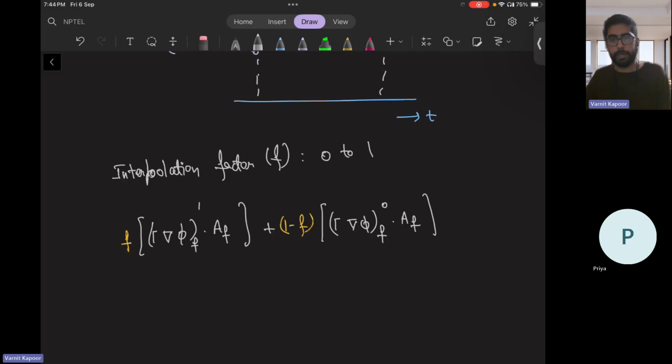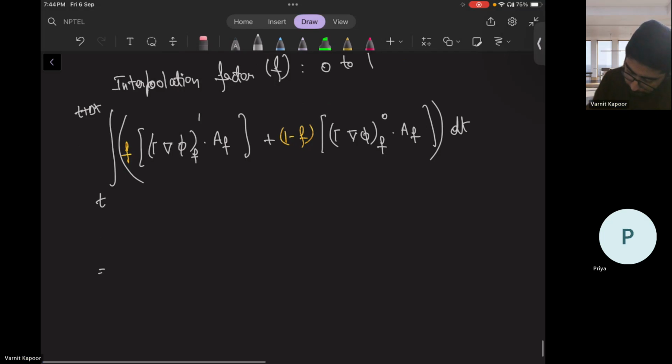This is how you can write it with respect to the interpolation factor, and this whole thing is multiplied, at the integral of t to t plus delta t, linear profile assumption having been assumed, dt.